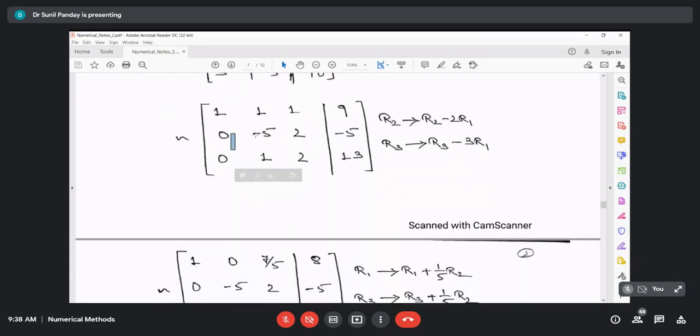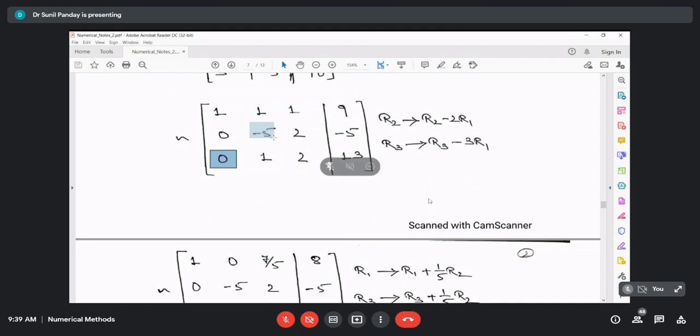Similarly, to make a 0 below this entry, this is entry A22, I have to use the R2 row. Because if I use the R1 row, then this 0 is disturbed, because some non-zero entry will occur here.